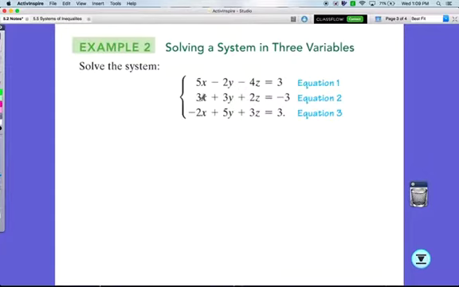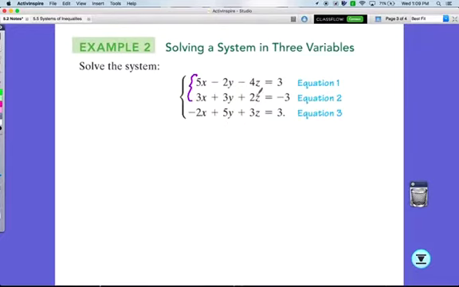I'll look at my equations and say, what variable should I get rid of? I'm looking at the z's because the z's have the smallest number values. And so I'm going to look at equation 1 and equation 2 together. I'm going to pair those up and ask how I would get rid of the z's.